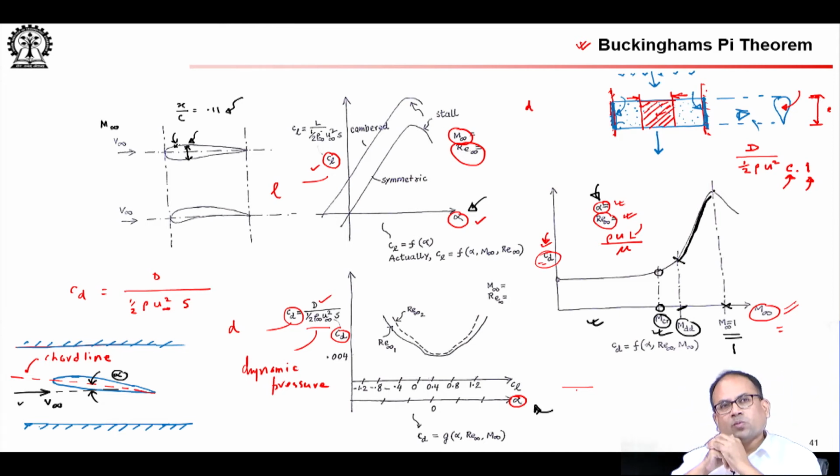So, the problem was that the relationship where Cp is proportional to 1 by square root of 1 minus M infinity squared was based on some assumptions which do not hold at Mach 1. What ended up happening was you have this very large Cp, but it is not infinite, okay.